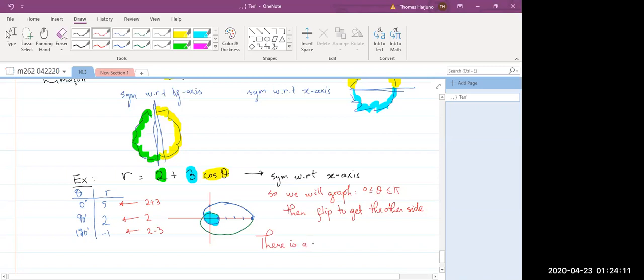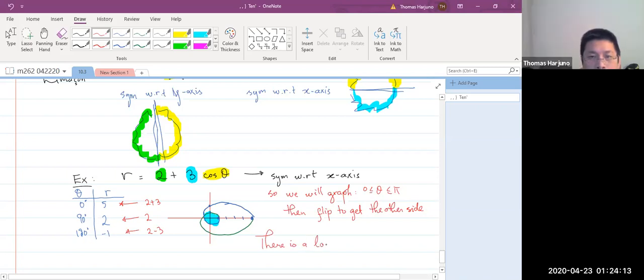Later on. The small loop is there because r can be negative for some theta here.